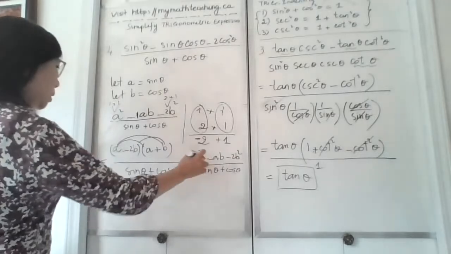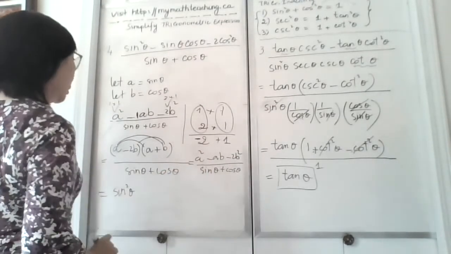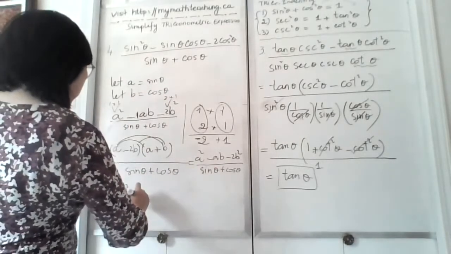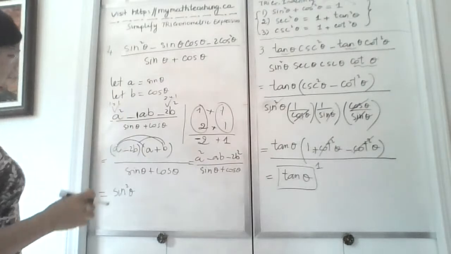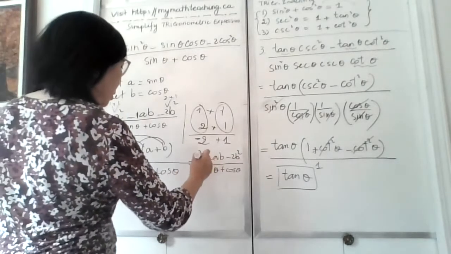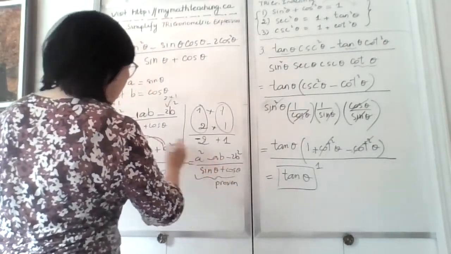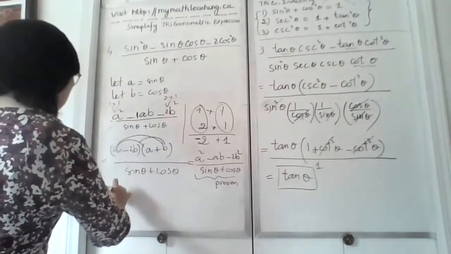So now I'm going to change it back. A square is sine square theta, A equals sine theta, minus AB. Now this is just proving that we factored correctly. So let's follow the factors.